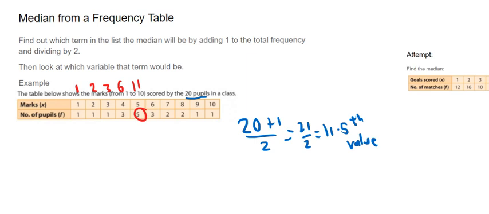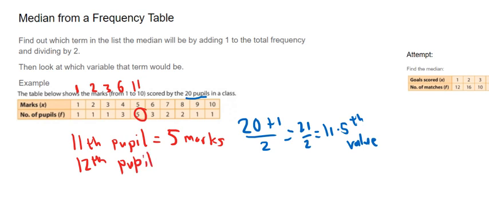So the 11th pupil got 5 marks, and the 12th pupil got 6 marks.